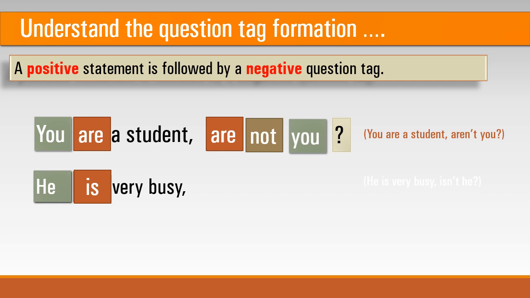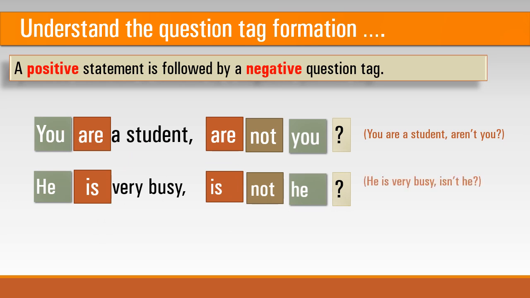Then let us look at the other example. He is very busy. Let us turn this into a negative question tag. Is not he? Or isn't he?